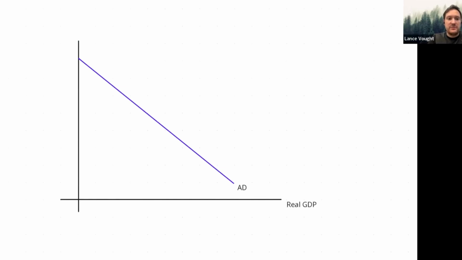So we have price levels, we have real GDP, we have our upward sloping short run aggregate supply curve, and we have our long run aggregate supply curve.